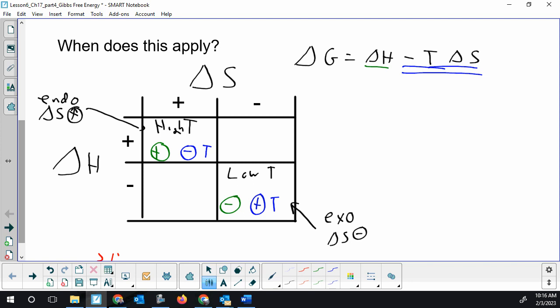In this box, it is exothermic, and the change in entropy is increasing, a positive delta S. In this case, both enthalpy and entropy are driving this reaction.